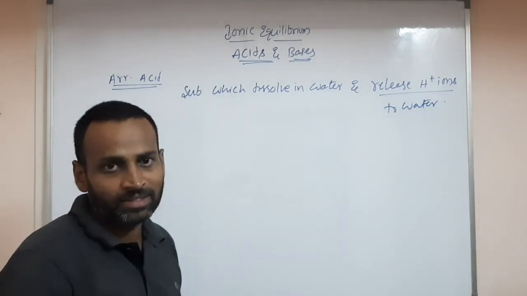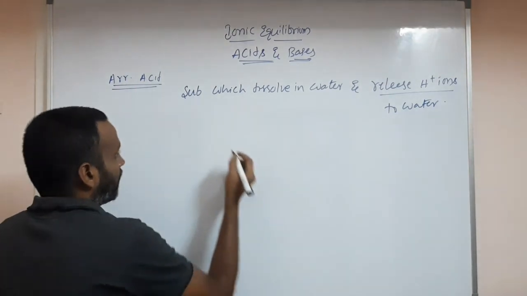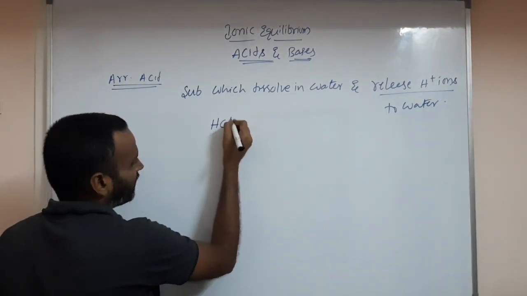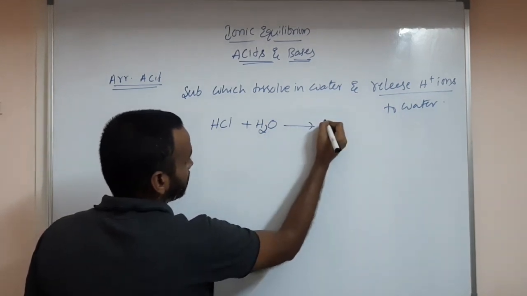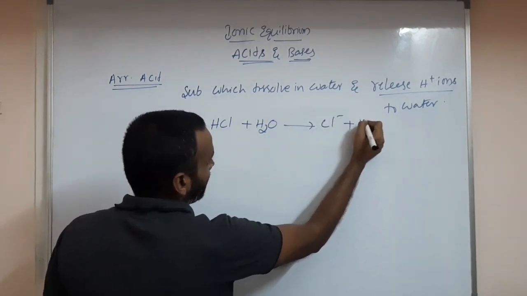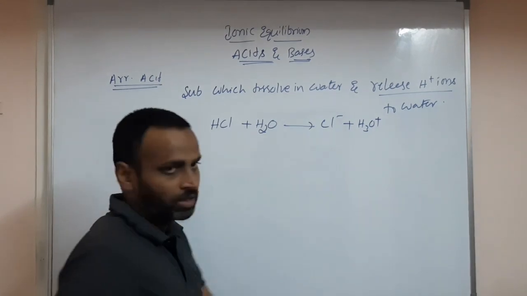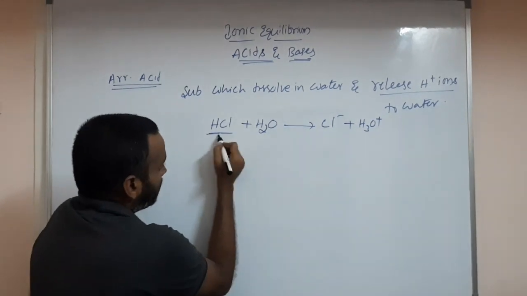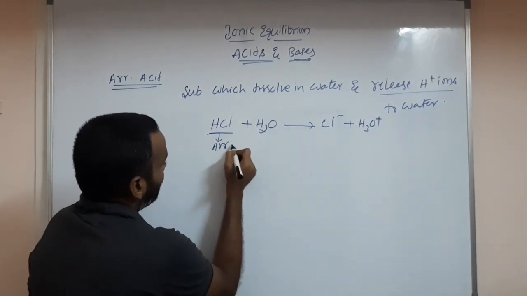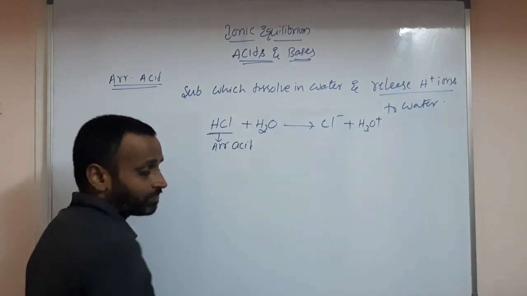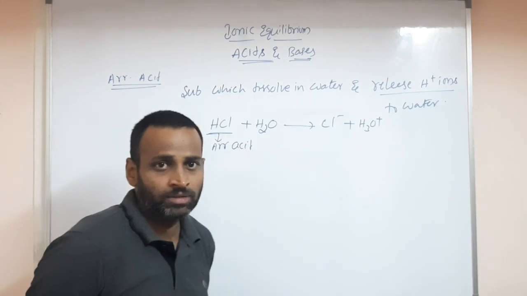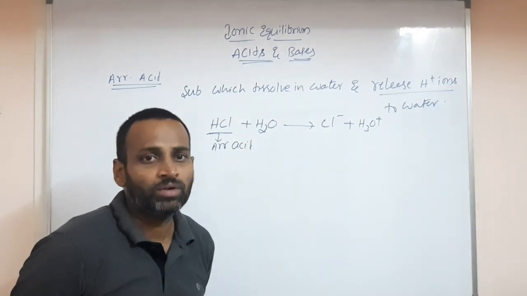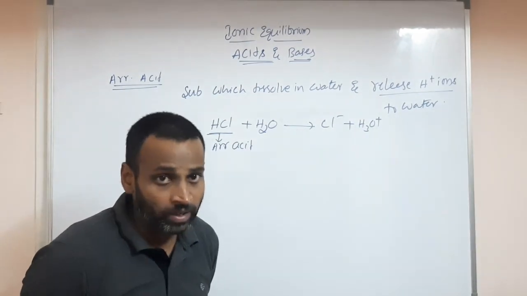That is Arrhenius acid. Very simple. Okay, some examples. No need actually, but this is not much important. But we have to see here it will give Cl minus and H3O plus. So this HCl you can call as Arrhenius acid, but Arrhenius acids are just limited to the substances which dissolve in water.